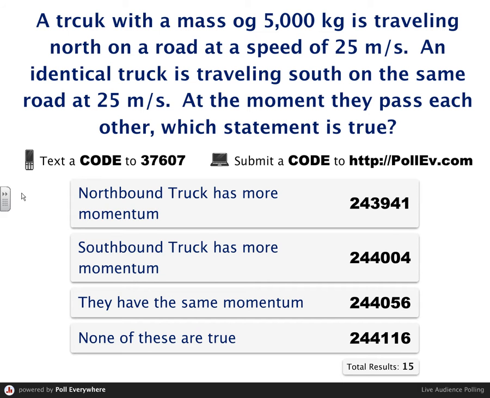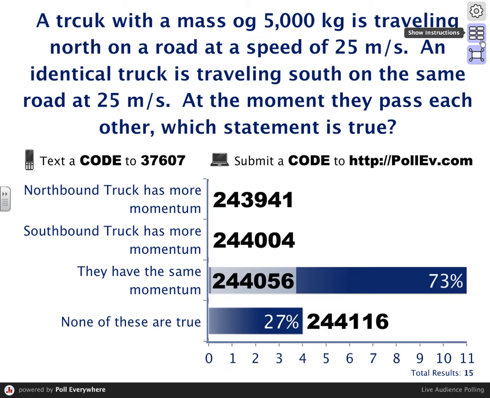Check out our results. Okay. Correct answer is that none of those statements are actually true. The reason being, what did we say about momentum on Friday? It is a vector quantity. Momentum is a vector quantity.